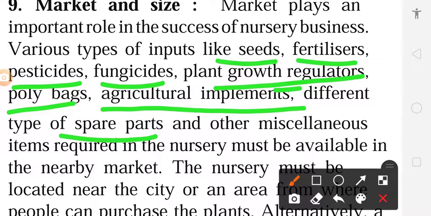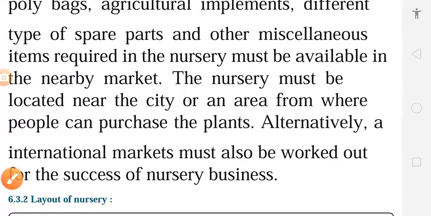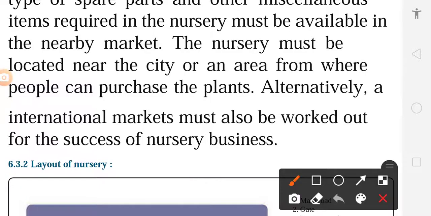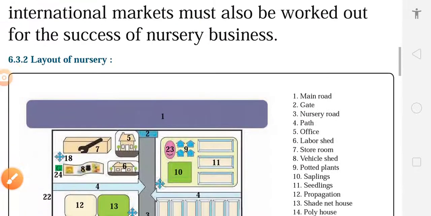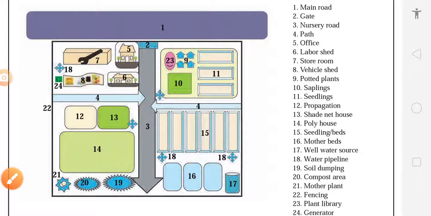That's why the nursery must be located close to the city, near an area where people can purchase the plants. Otherwise the nursery business will be at a loss.